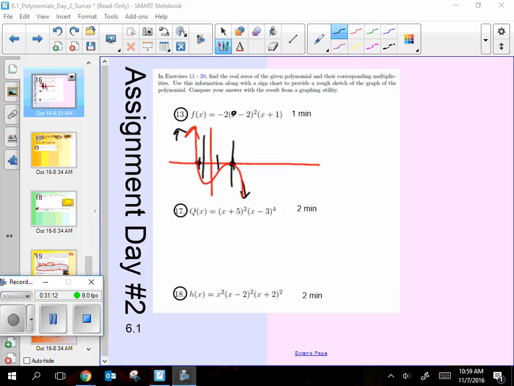If I put in 0, I now have -2 times 4 times 1. That makes -8. That matches up with my negative. It's negative in this zone. And it's also negative over here, and it's positive in this zone. So those are the 3 zones you would check for the sign chart.